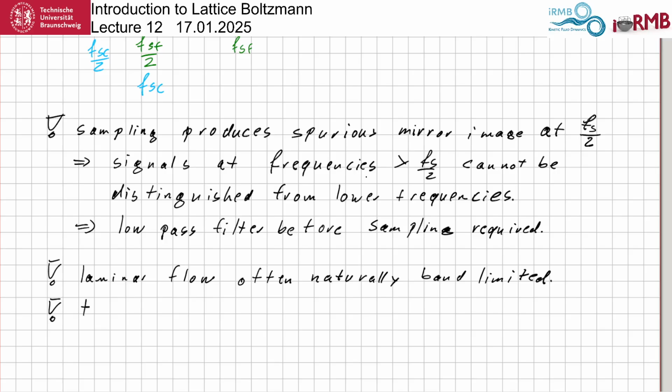Then in turbulent flow, which many of us try to investigate, turbulent flow is band limited only by, if you have any idea in fluid dynamics, then you know that there's a so-called Kolmogorov length.